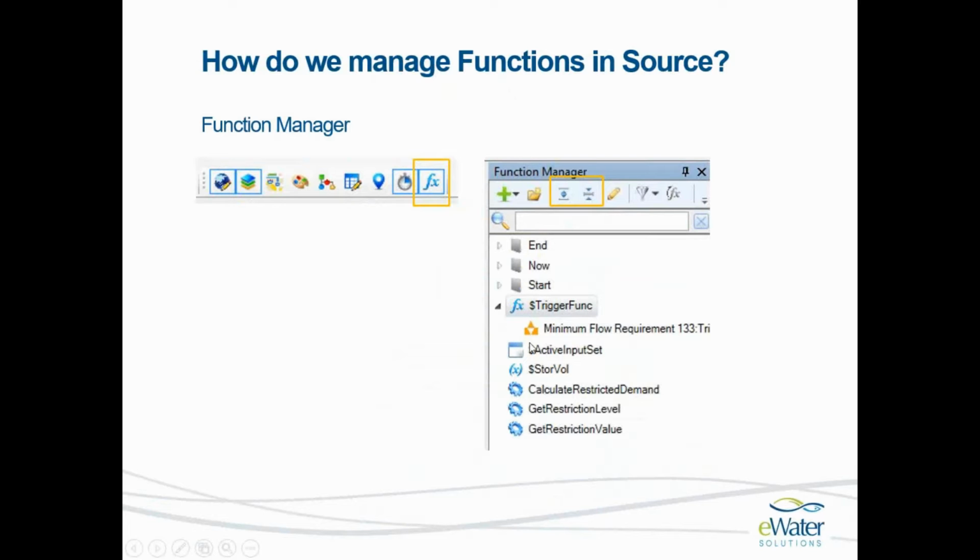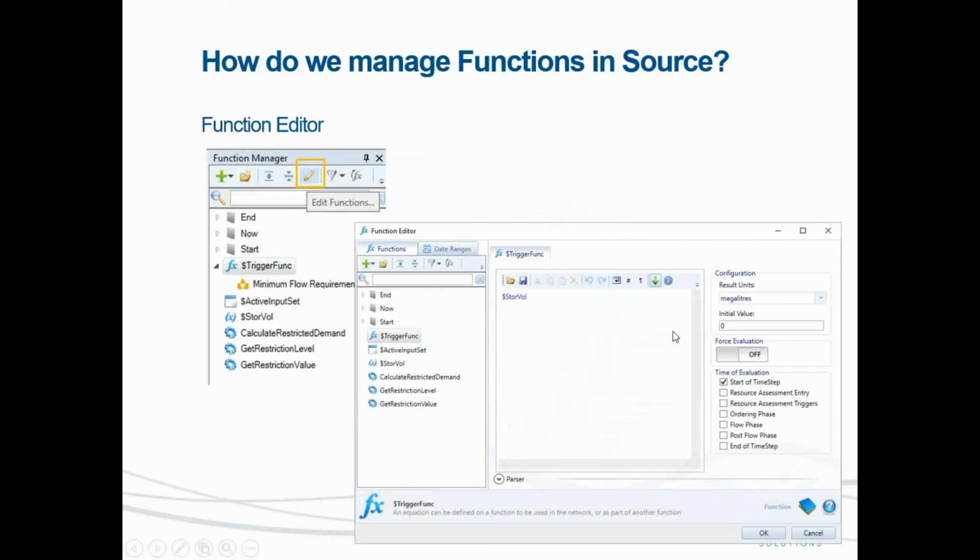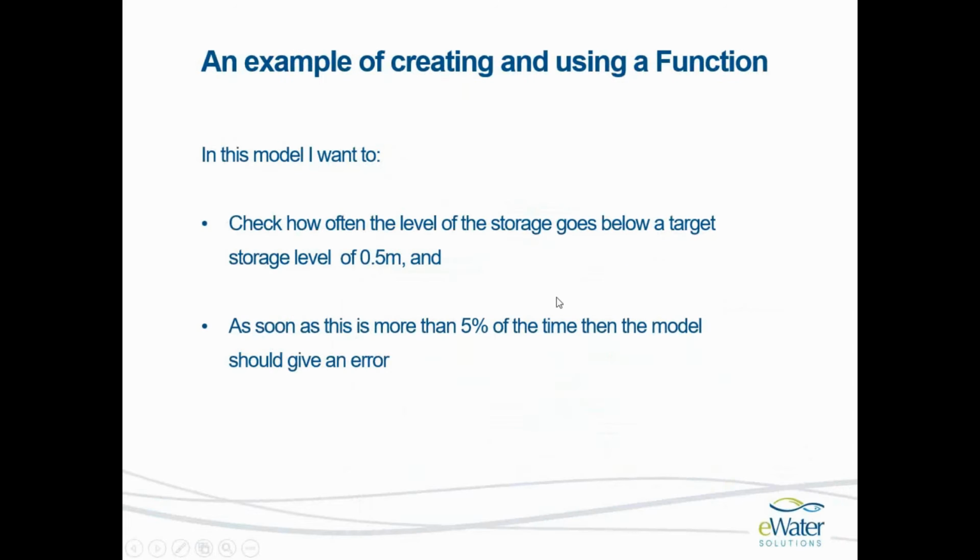So in this example, it is being used at minimum flow requirement node number 133. The function editor can also be accessed through the function manager and is opened through the pencil, which then opens the function editor and allows one access to the function storage volume which is being used.